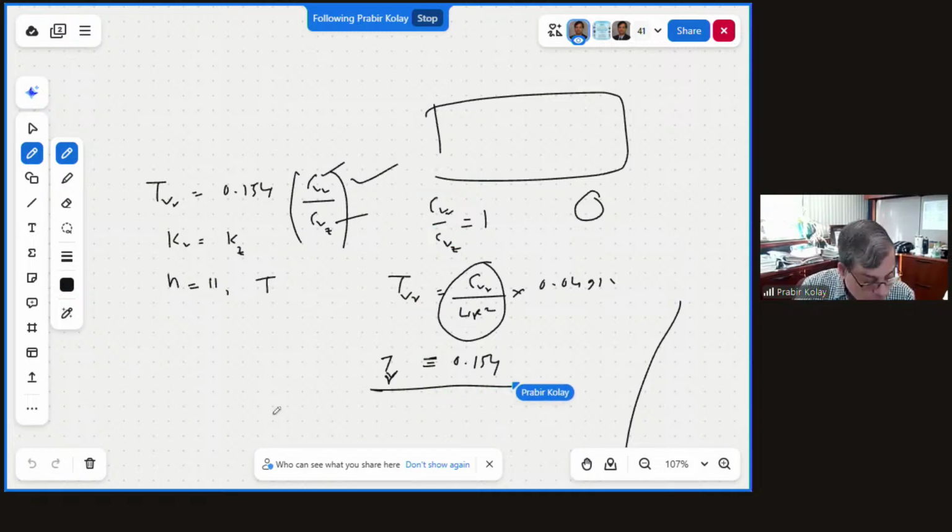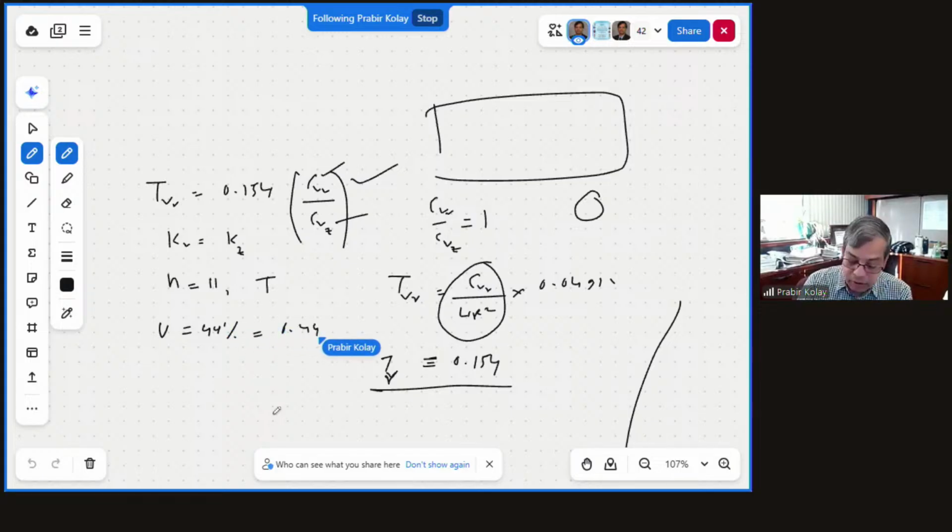So TR is equal to 0.154, since CVR by CVZ is 1. Then for N equal to 11 and TR equal to 0.154, you can calculate the degree of consolidation U as approximately 44% from the table. So 44% is 0.44.